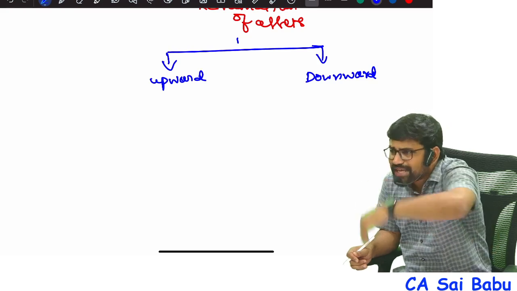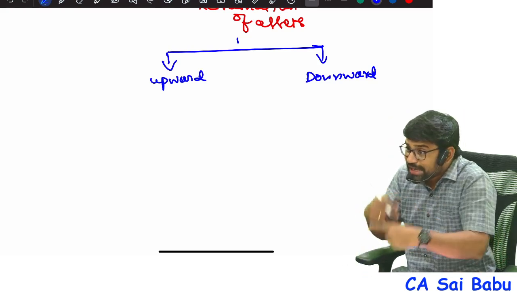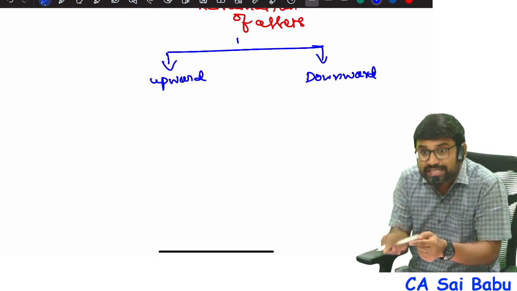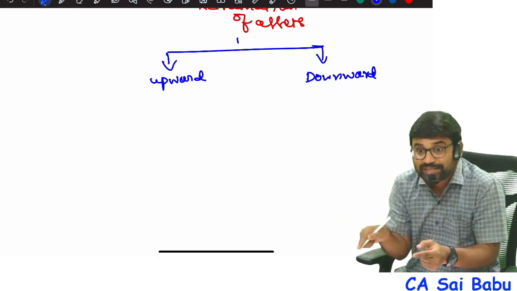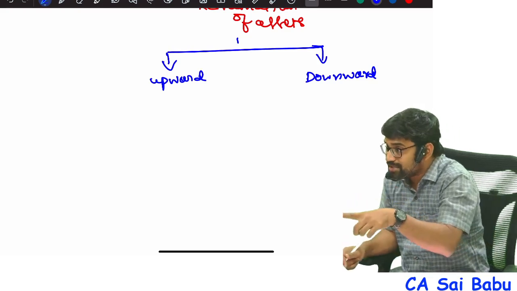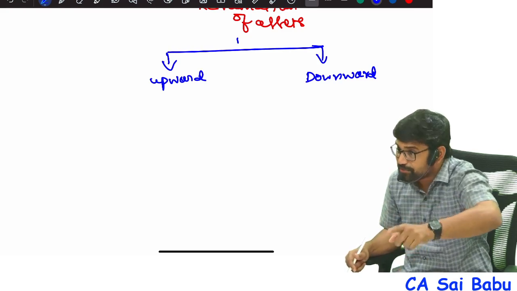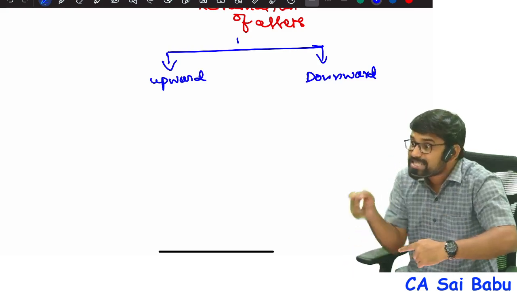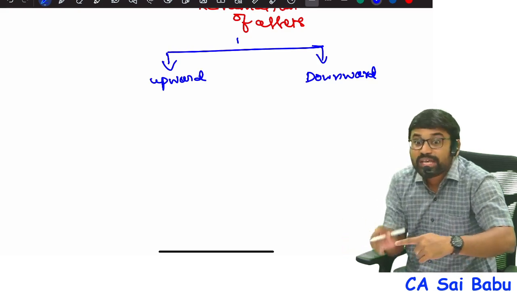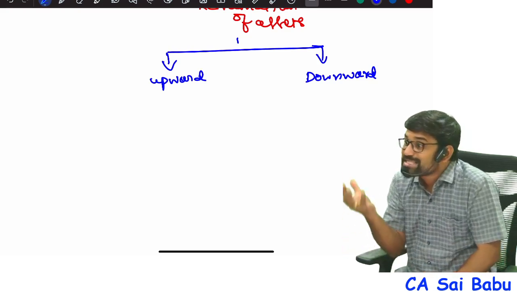Downward means decrease the asset value. When you increase the asset value, the increase is generally transferred to revaluation reserve. But in consolidation, when parent company increases the asset value of subsidiary company on the date of acquisition, that increase is transferred to pre-acquisition profits, that is treated as capital profit.